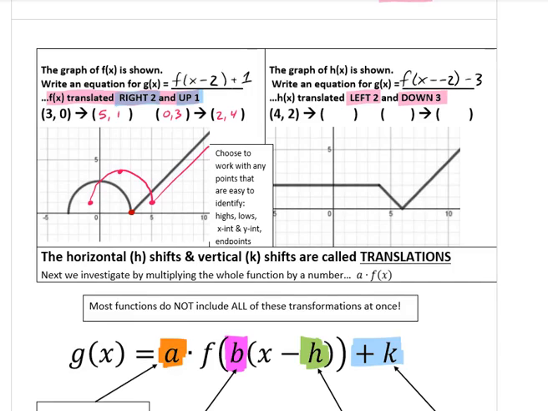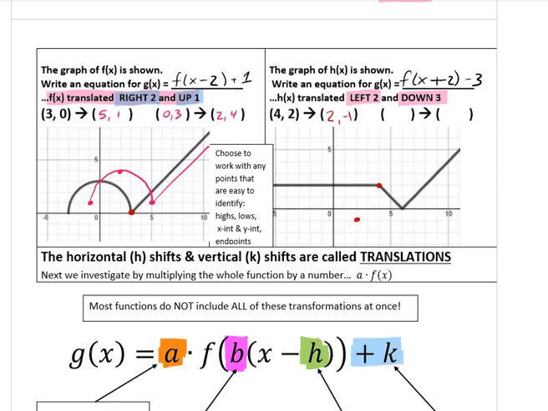Down 3 would make this a negative 3. Simplify the double negatives to make it a positive. And there's your equation. Where would 4, 2 become? 4, 2 is right here. My new point would be left 2, down 3. That is at 2, negative 1.